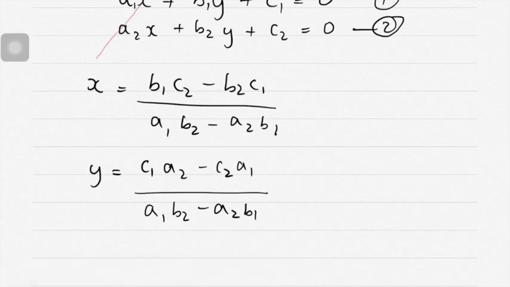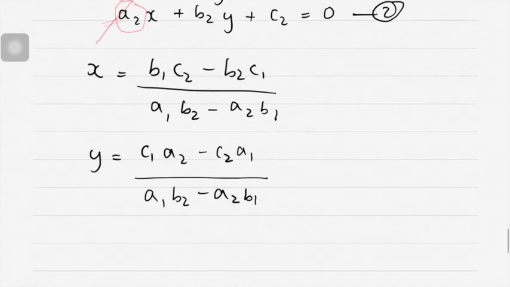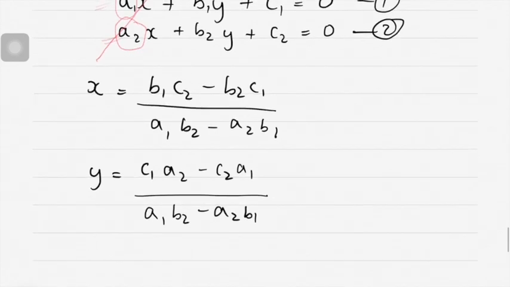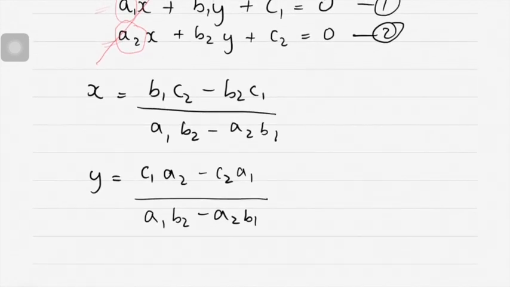Listen, when you want to eliminate a1x and a2x, they cannot be eliminated directly because they are different. I'll show you how to do it.